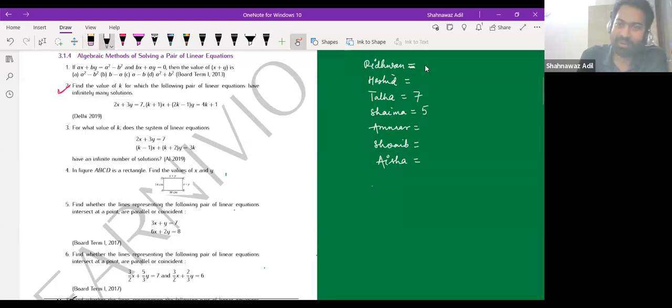What is happening, guys? So there are 3 5s and there are 2 7s. So Amar and Shoaib, what about you guys? So 5 has 3 votes, right?